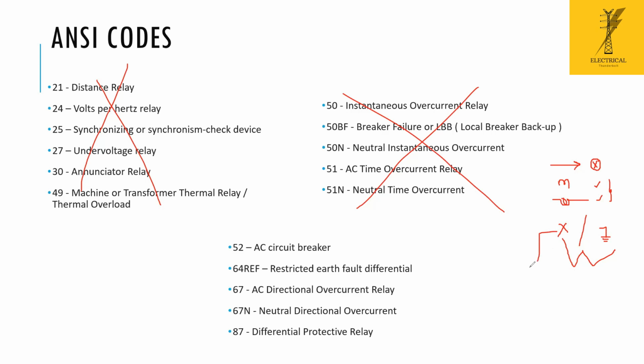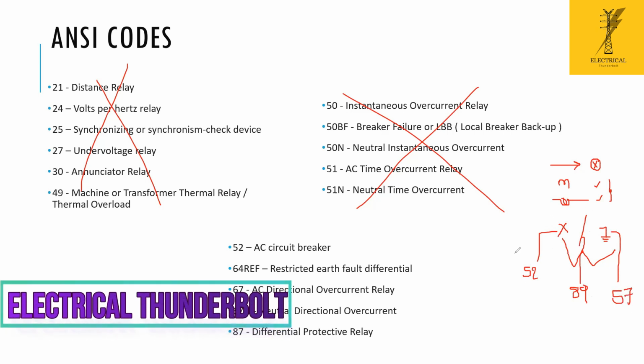The breaker ANSI code is 52. For the isolator, the ANSI code is 89. And for the earth switch, the ANSI code is 57. These are the ANSI codes for the 3 equipments.